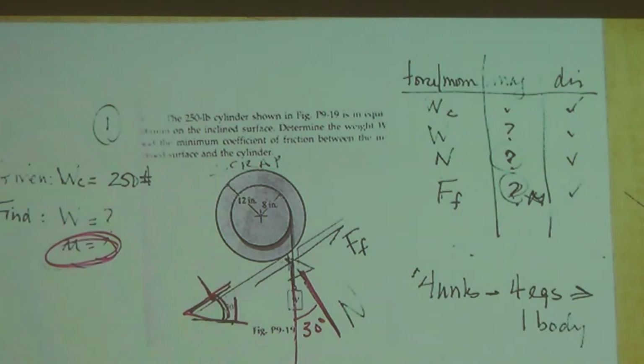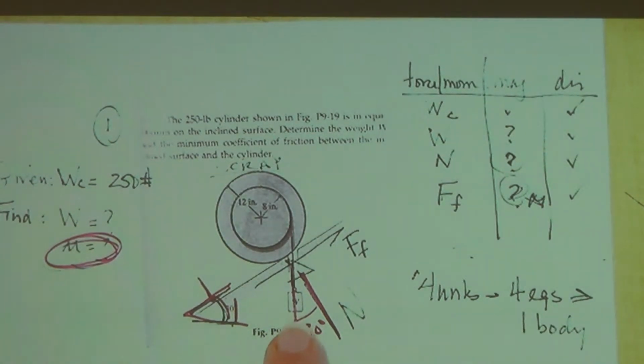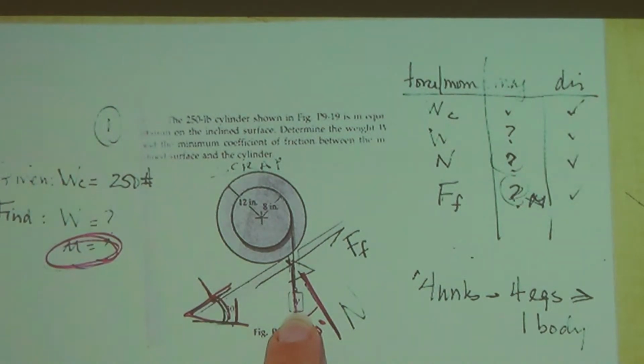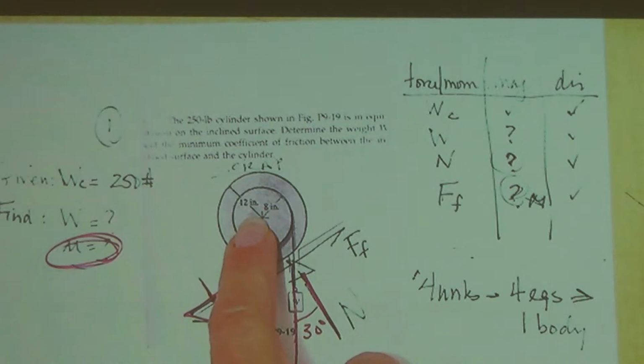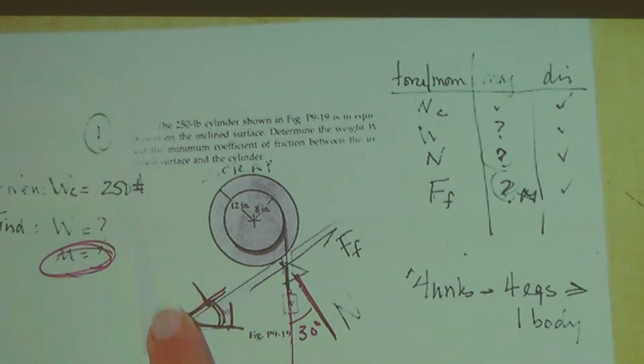Rachel? I'm confused about the question. What is the weight W? Isn't that given to us? There are 2 W's, and I don't understand the difference. Here there's a W of a block. There's a suspended weight that's trying to keep the cylinder from sliding down.